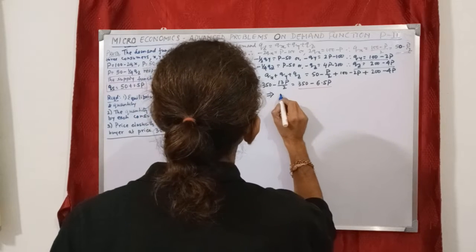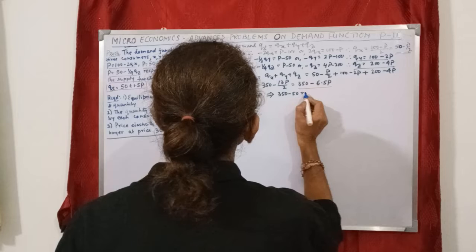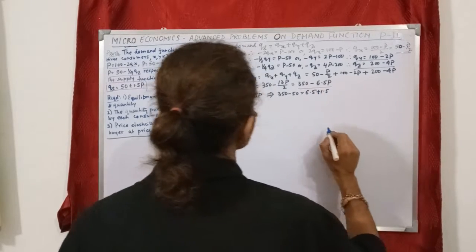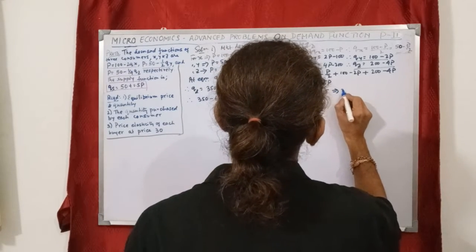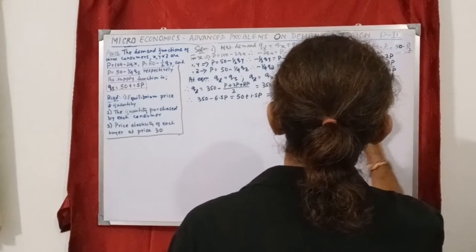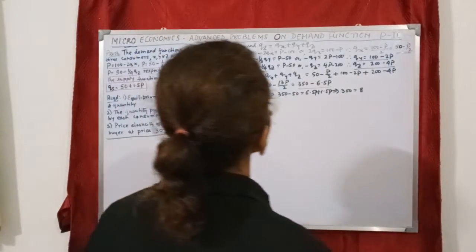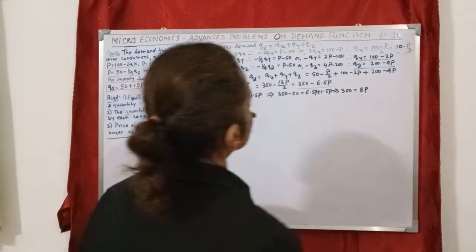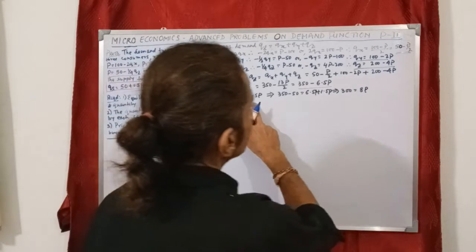This means 350 minus 50 is equal to 6.5P plus 1.5P. 300 equals 8P. 6.5P plus 1.5P gives 8P.